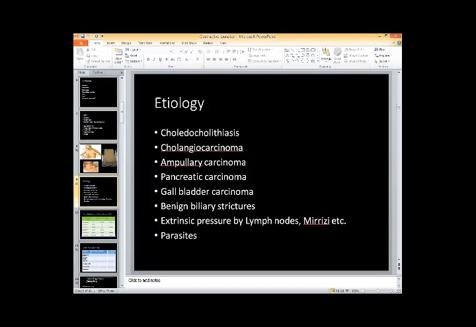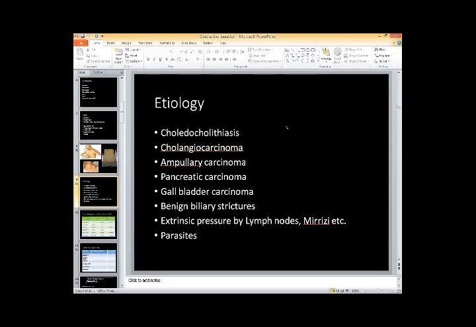These stones in the common bile duct are actually not primary bile duct stones. That means they are not primarily formed in the bile duct, but they come into the bile duct through the cystic duct from the gallbladder.